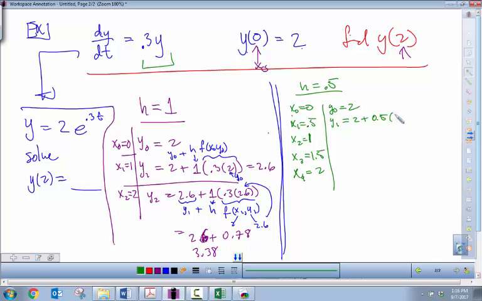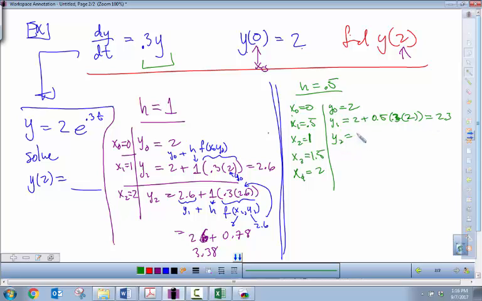We'll put 2 in. I guess I didn't need that extra parentheses, but it just makes it a little bit easier. So we need a value for this. What is it? 2.3.